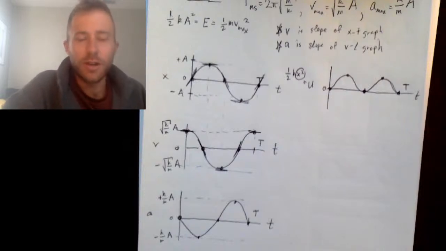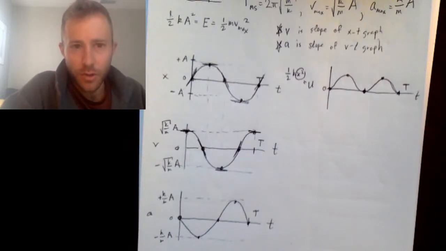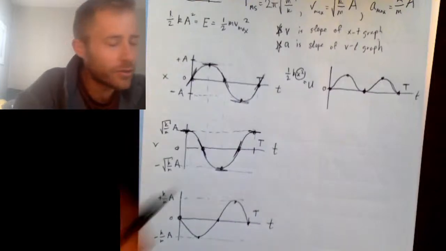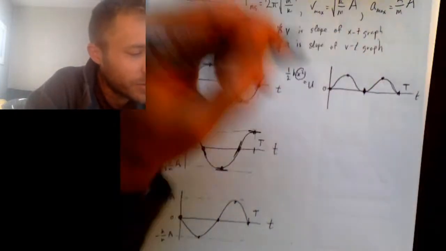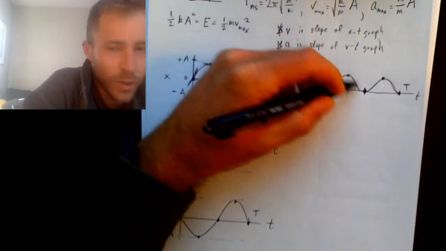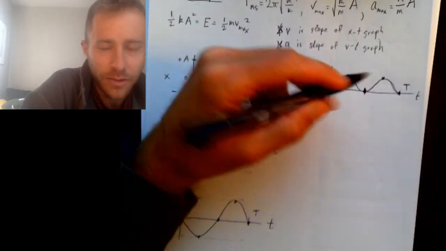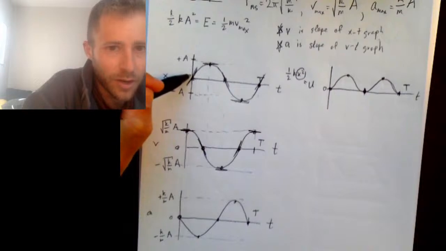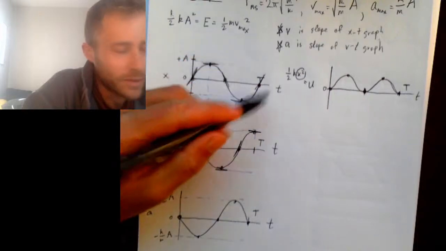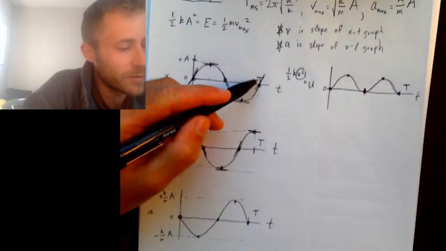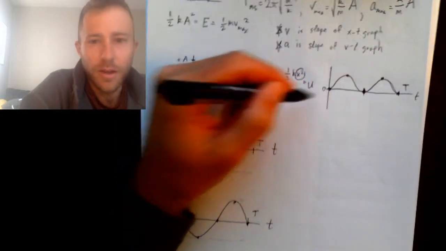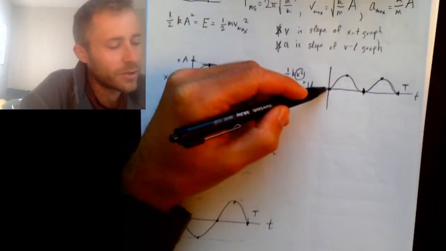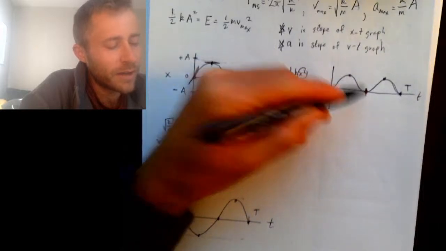One of the things that I want you guys to notice is that the potential energy graph actually wiggles twice as fast. Whereas my position graph goes up and down in a full period, the potential energy goes up and down in half a period.